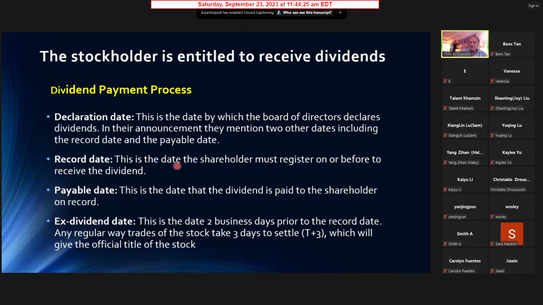For example, if they're going to pay a dividend tomorrow and you buy the stock today, you won't get that dividend, because there are 2 or 3 days for clearance. It's a T+3 transaction: the day you buy the stock plus 3 days. Likewise, even though I sold my stock, I might still get the dividend 2 days later. You have to be careful about that. There's a lot of discussion about that and the math behind it. Okay.